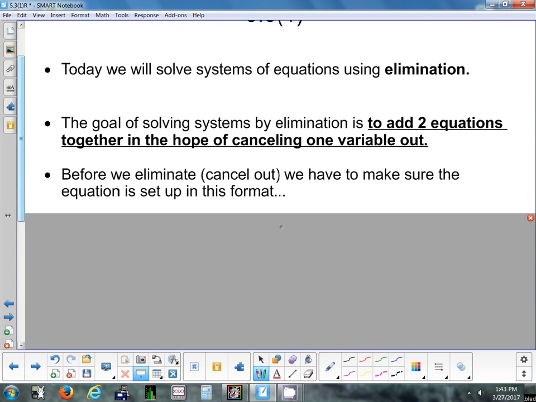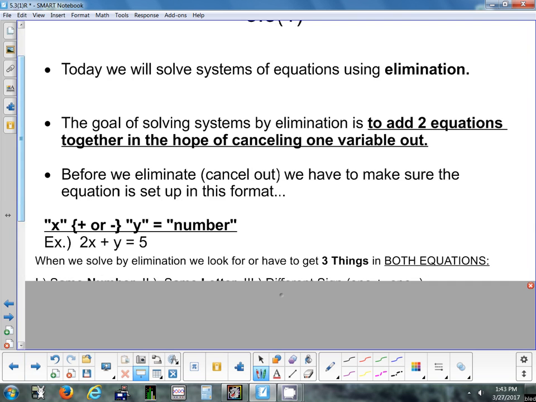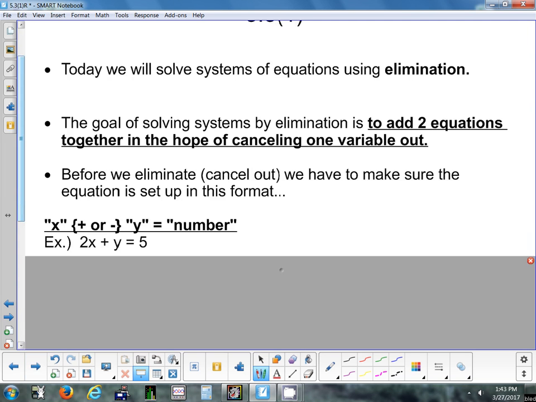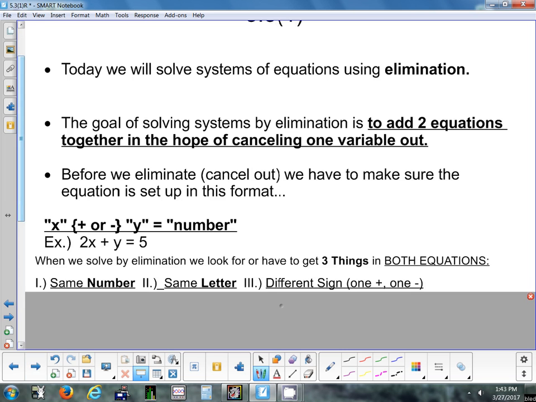And the way we want to line it up is basically in that order. Okay, we want X, then after the X you're going to see a plus or a minus sign, then you're going to see a Y, and then we put the number on the other side by itself. So it's not exactly what you guys had in the warm-up, but kind of on the right idea. Okay, we're going to line things up in columns. So X's, Y's, and then the number.